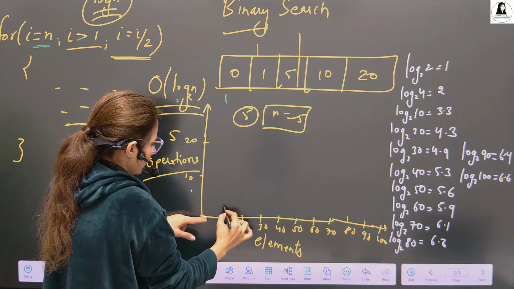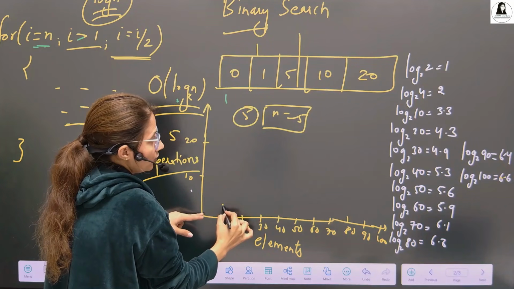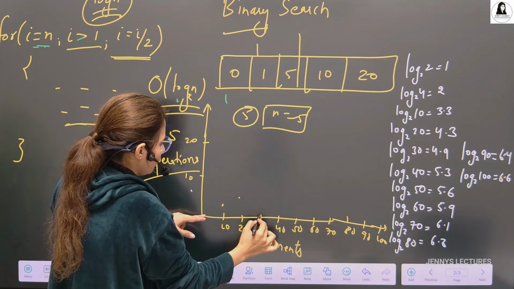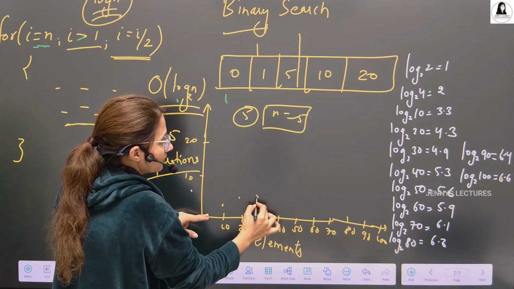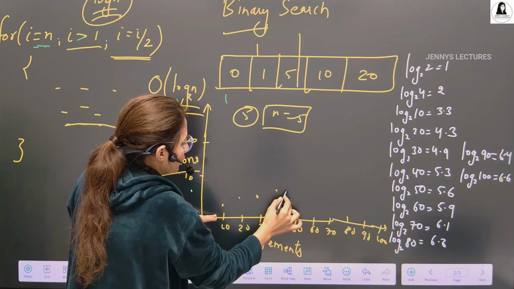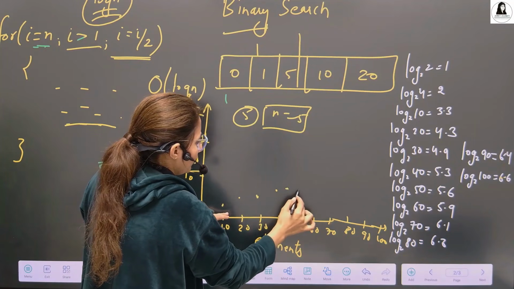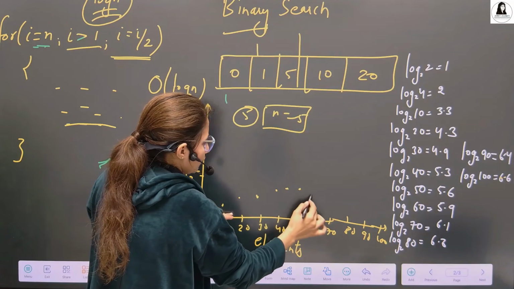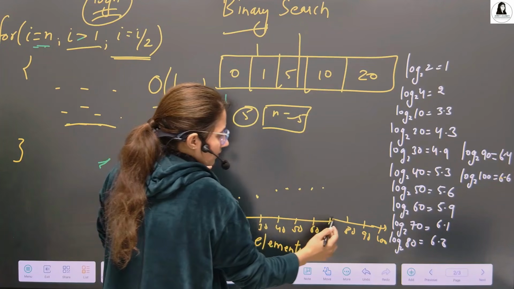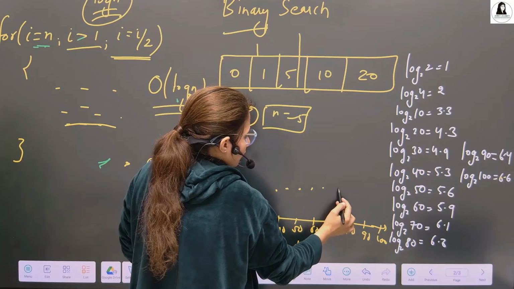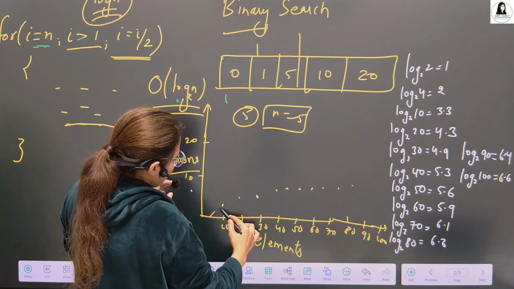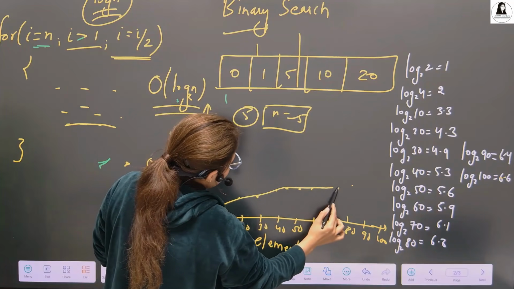So it's like 3.3, then 4.3, 30 is like 4.9, then 5.3, 5.6, 5.9, 6.1, 6.3. It's less than 10, right? And then 6.4 and 6.6. So this log n graph would be something like this.